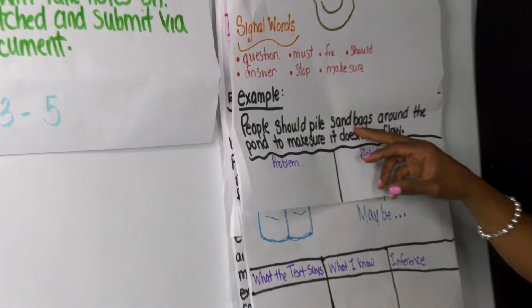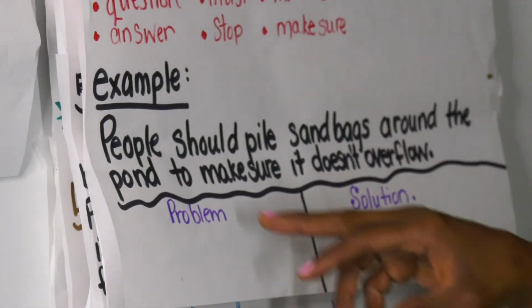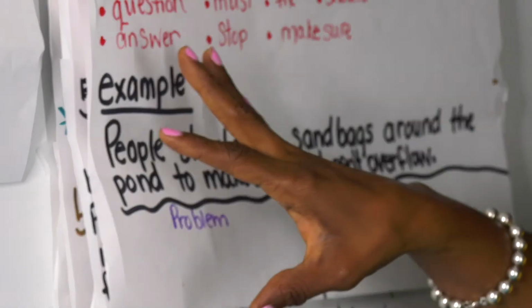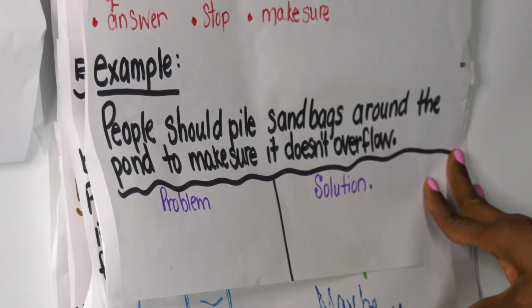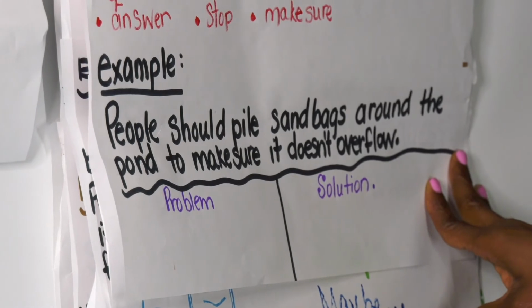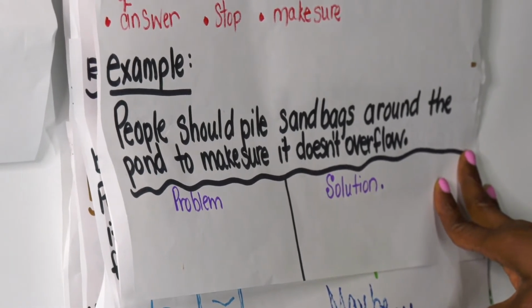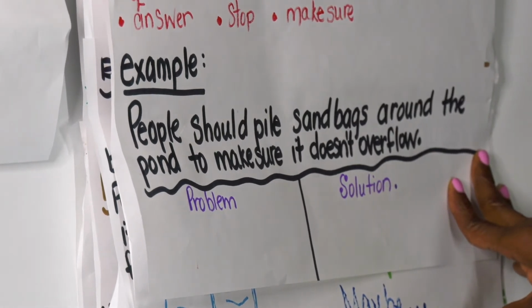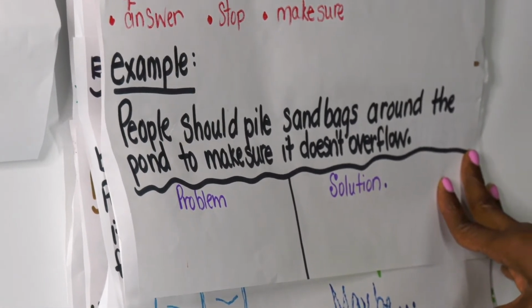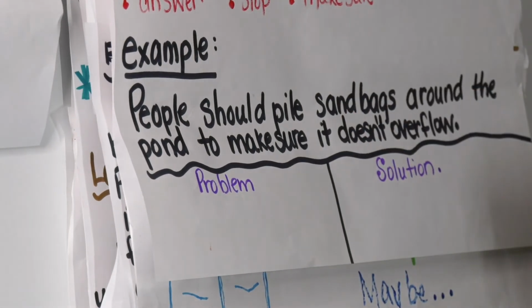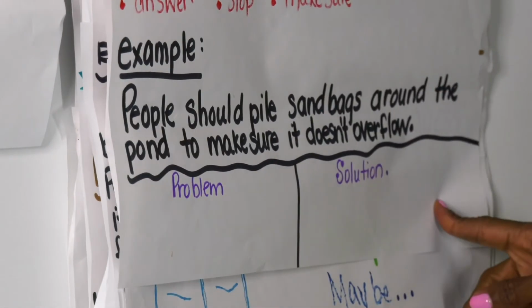People should pile sandbags around the pond to make sure it doesn't overflow. Now that's one sentence, boys and girls. So if you will, and I know you have your journals with you, go ahead and write that sentence in your journal for me, please. And as you write that sentence in your journal, I want you to underline the problem and circle the solution.